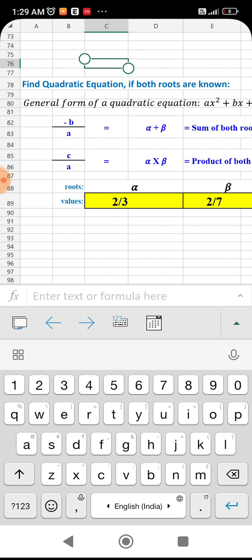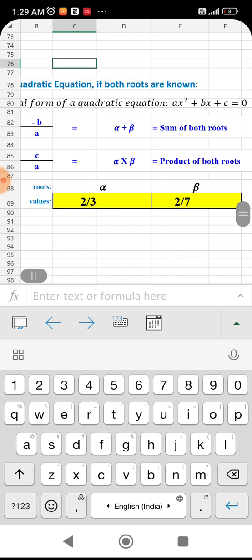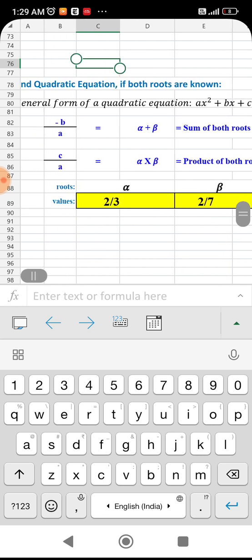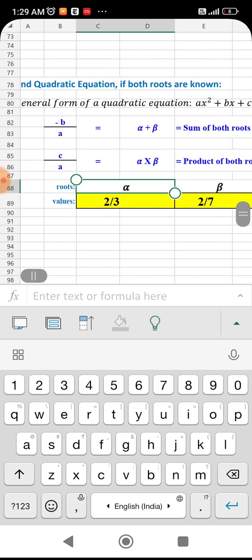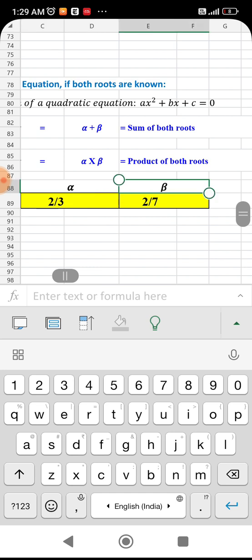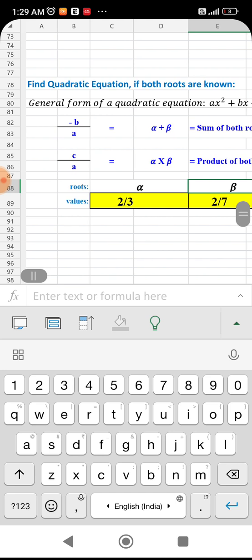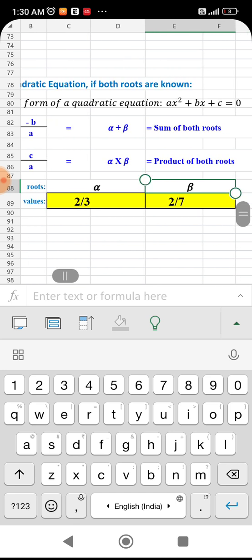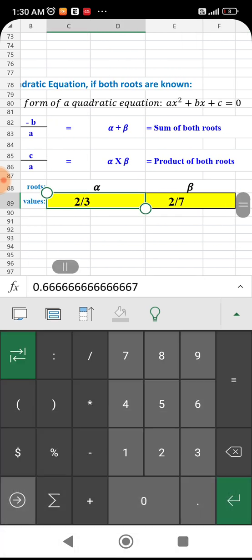We have to form the quadratic equation in that case. Here I am considering two roots: one is alpha, another one is beta, and the values of the roots are 2 by 3 and 2 by 7.